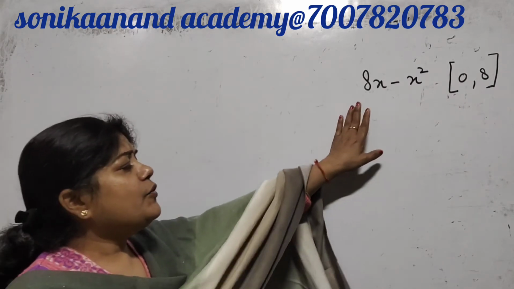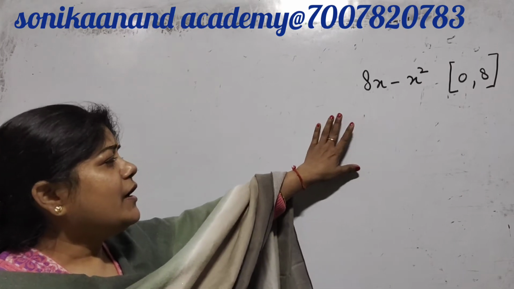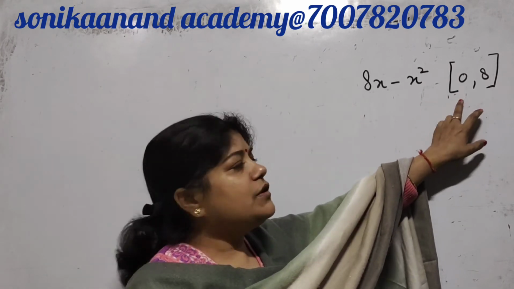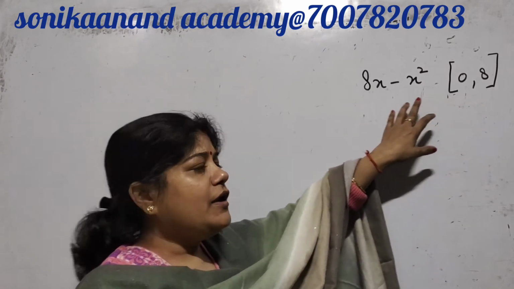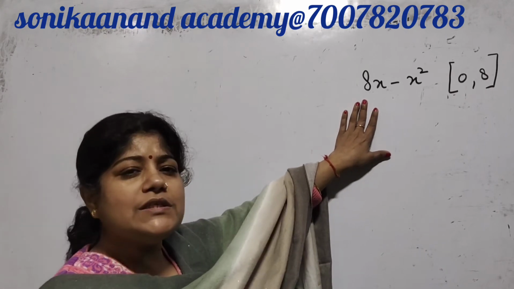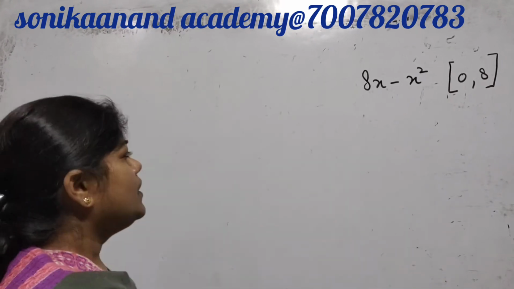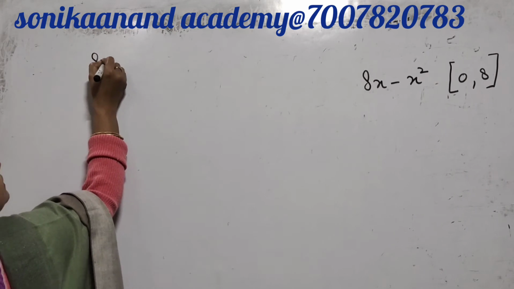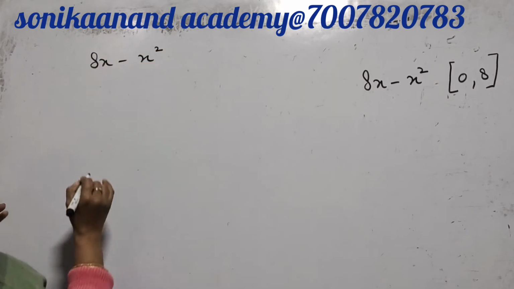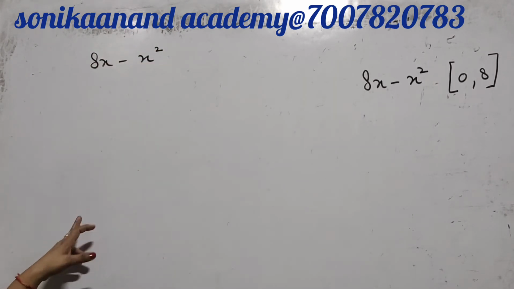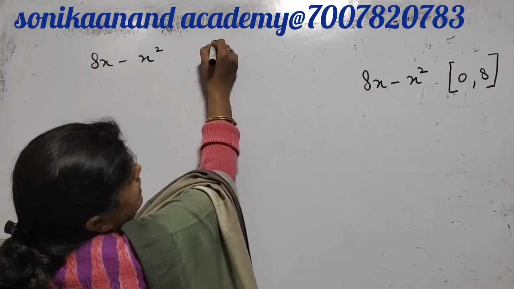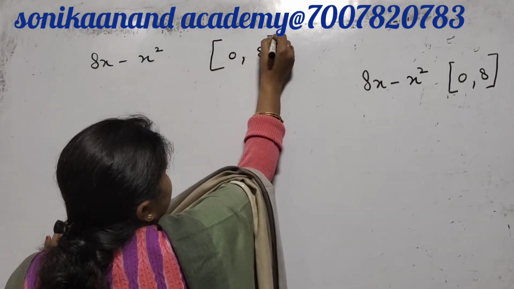Now I am going to take this function, and the limits are 0 and 8, and we have to prove Rolle's theorem for this question. The function is 8x minus x square, and we have to verify Rolle's theorem for this function for the limit 0 to 8.